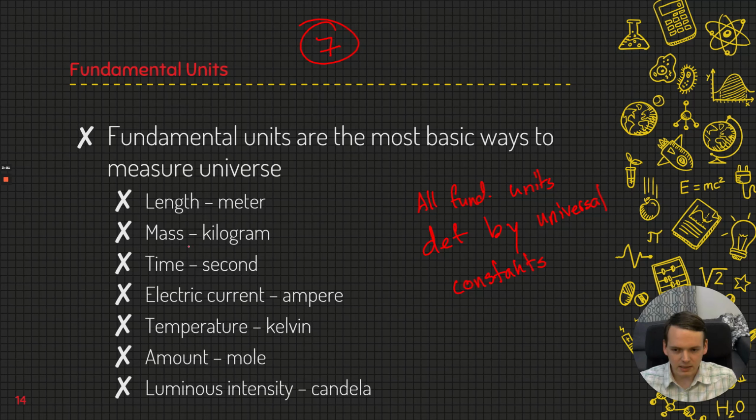Interestingly enough, as an aside, the mass, or the kilogram, was just recently, as of a few years ago, defined by fundamental constants. Before that, say 5 years ago, the kilogram was defined as however much mass the kilogram in France had, which was basically a block of metal in France.